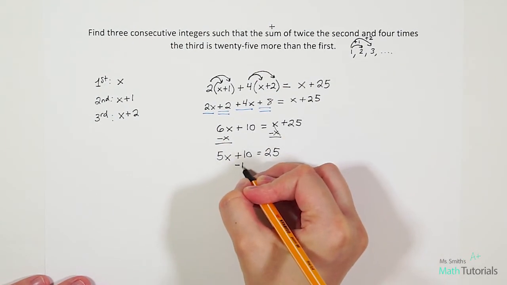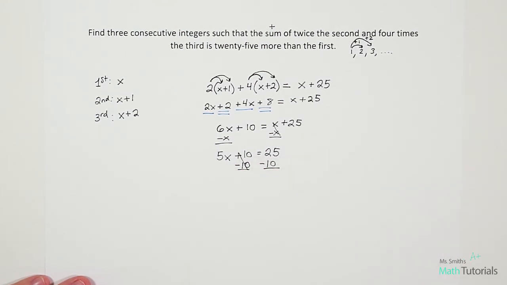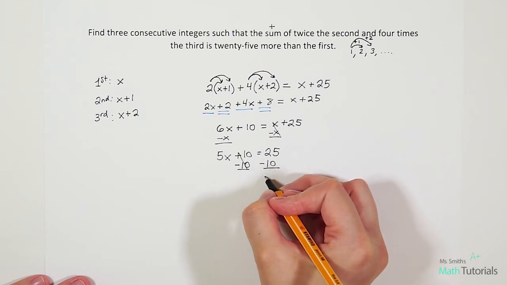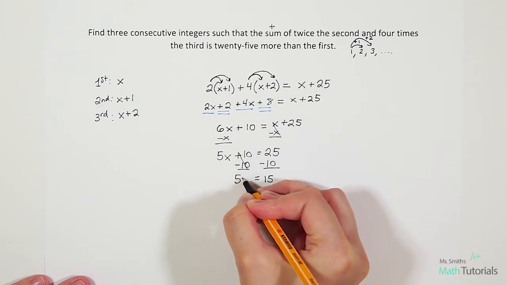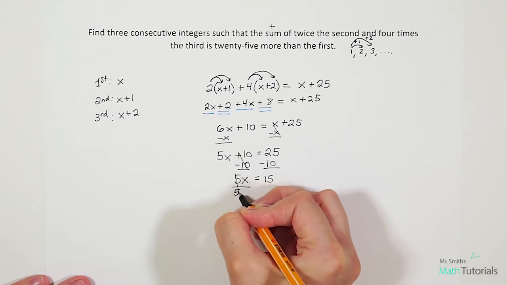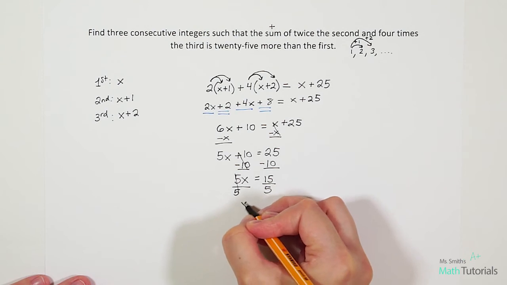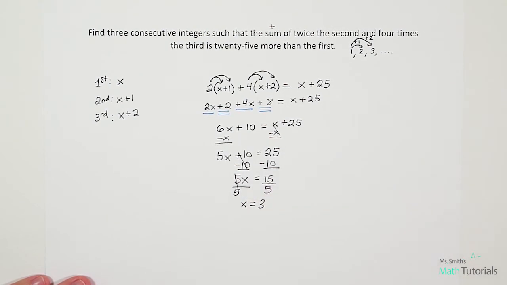So we want to subtract 10. We want to move everything away from our x now. 25 minus 10 is 15. Bring our equals down, bring our 5x down. And now our last step to get x alone is divide by 5. So x equals 15 divided by 5 is 3.